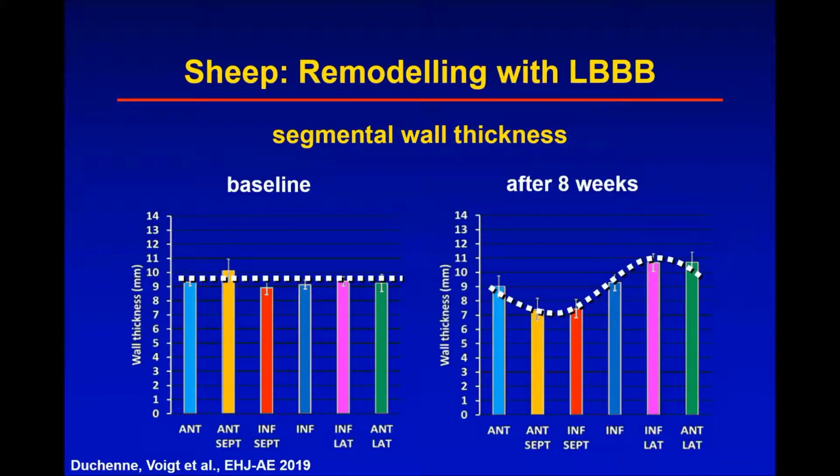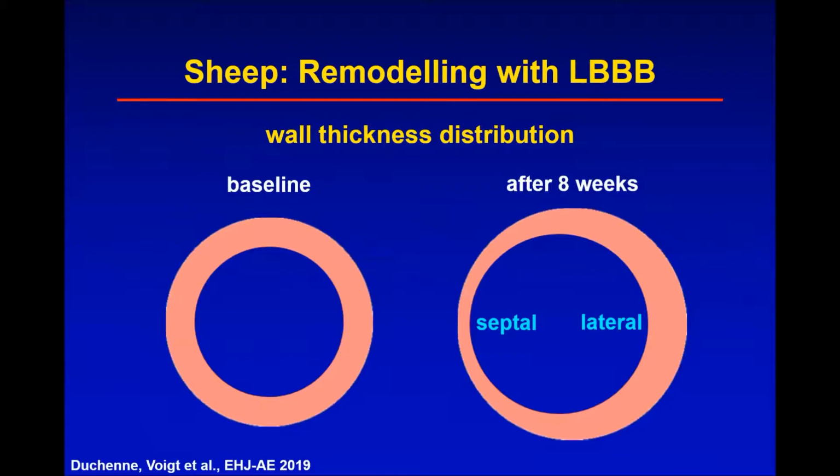So the remodeling of the heart follows the workload that is imposed. So what we get basically is a normal configured ventricle at baseline, and after 8 weeks we have a hypertrophied thick lateral wall because it has to work a lot, and we have a thin hypotrophied septal wall because this septum is unloaded because it contracts very early when there is no load.